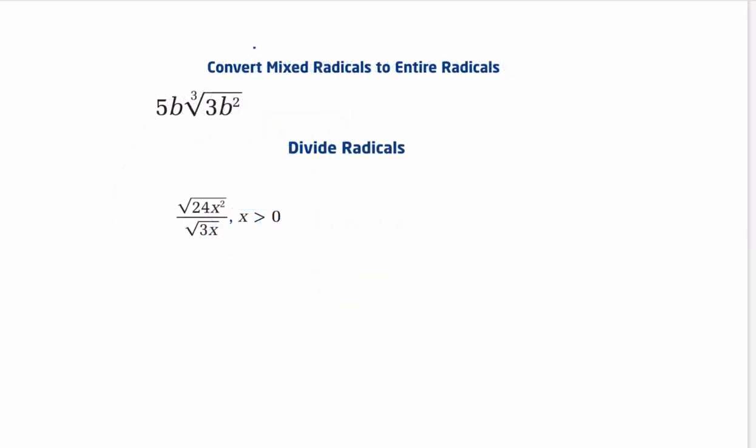Okay, now we will work with dividing radicals. So the first thing you should be aware of here is, when you want to work with radicals, you need to give attention to what the roots are here. Do they have the same roots or not?